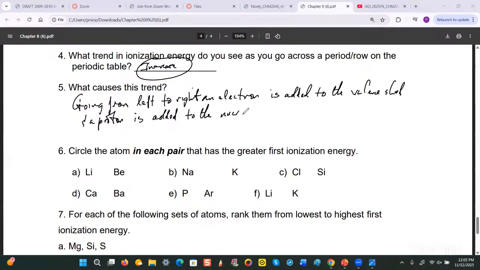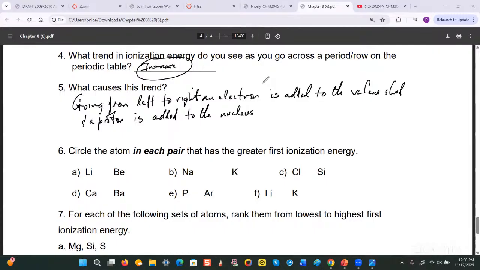Okay, so what next? What should I say next after that? I'm adding a proton to the nucleus, and I'm also adding an electron to the valence shell, and therefore what? If I'm adding a proton to the nucleus, and I'm adding an electron to the valence shell, then what would be the consequence of that?